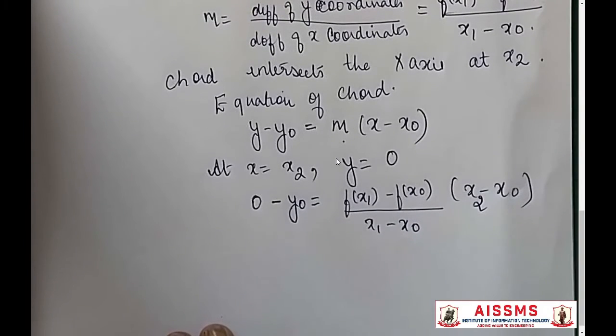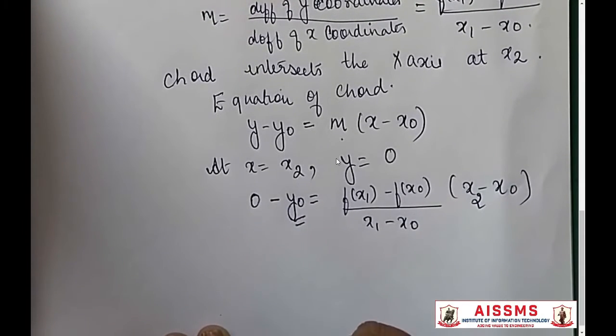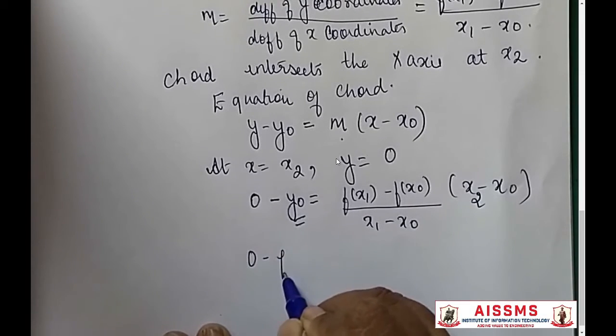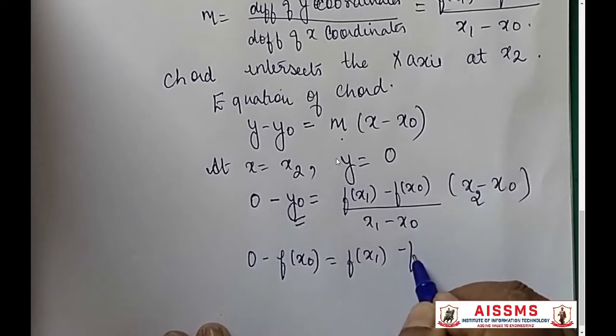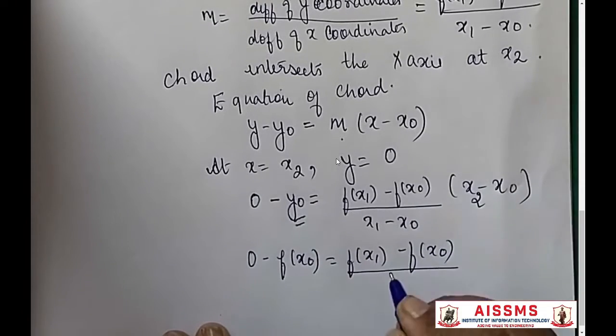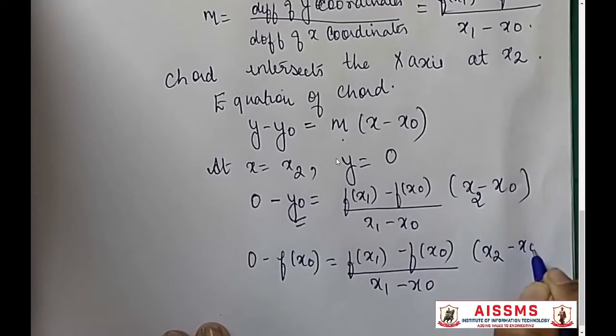Rearranging the terms, for y0, I am going to substitute f of x0. So 0 minus f of x0 is equal to f of x1 minus f of x0 upon x1 minus x0 into x2 minus x0.